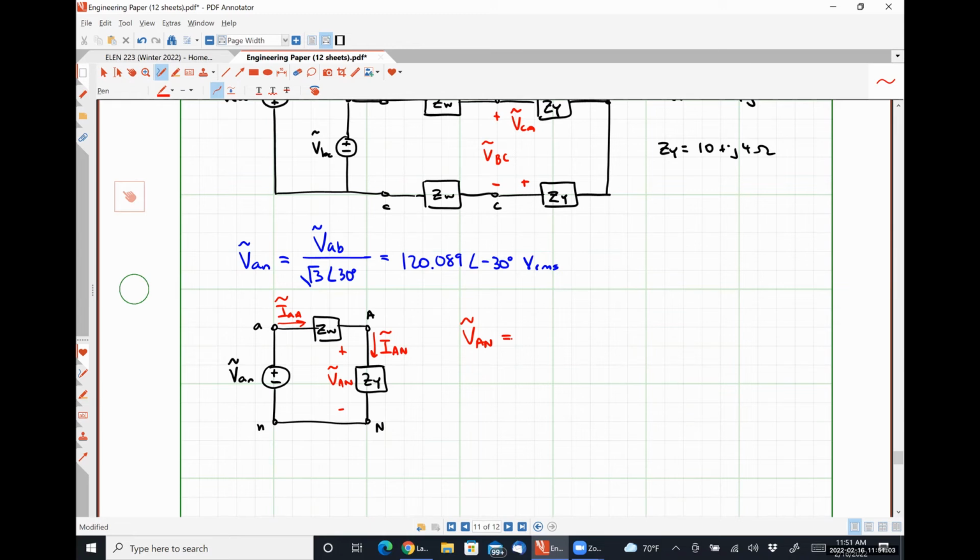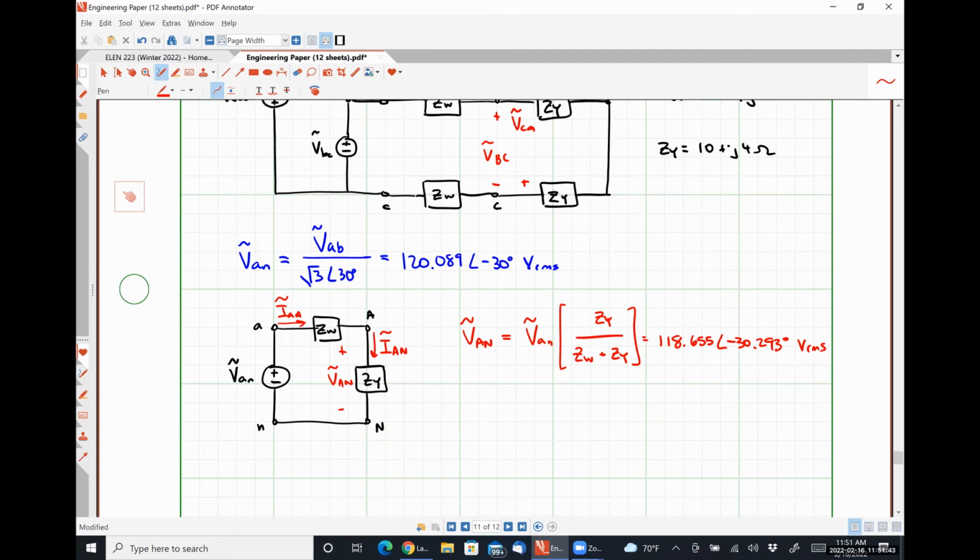Or we can be lazy and do it in one step, utilizing simply voltage division, which is the route that I'm going to go. So capital VAN is going to be simply lowercase van multiplied by ZY over ZW plus ZY, which I find to be 118.655 angle negative 30.293 degrees volts RMS.